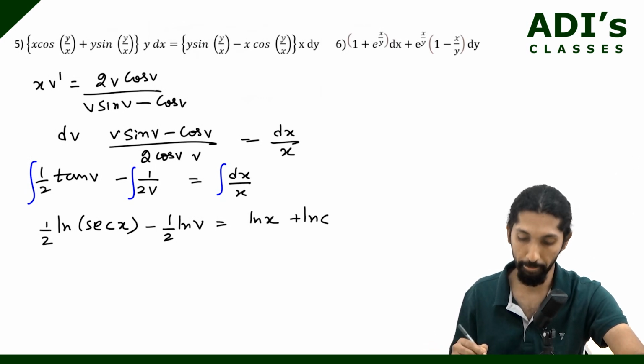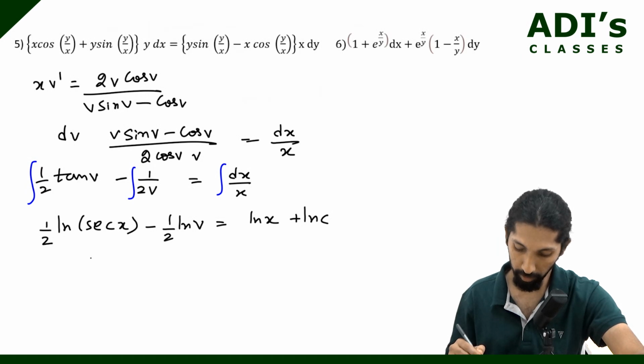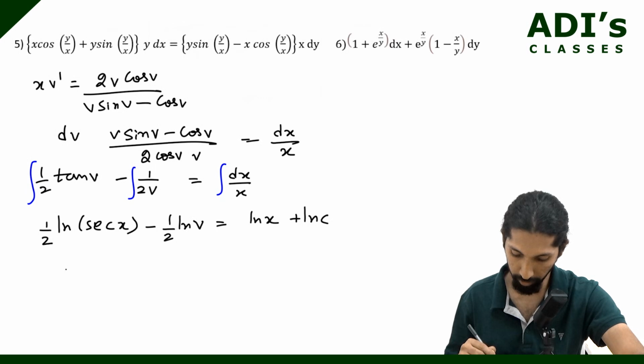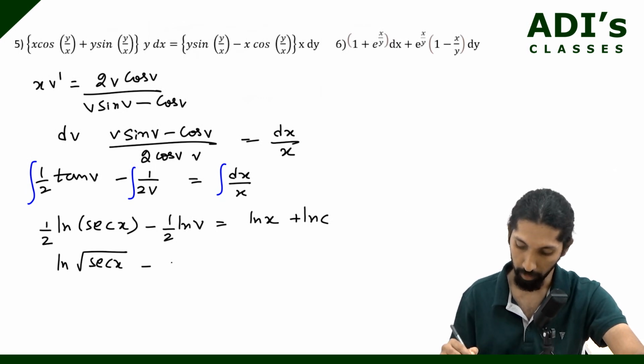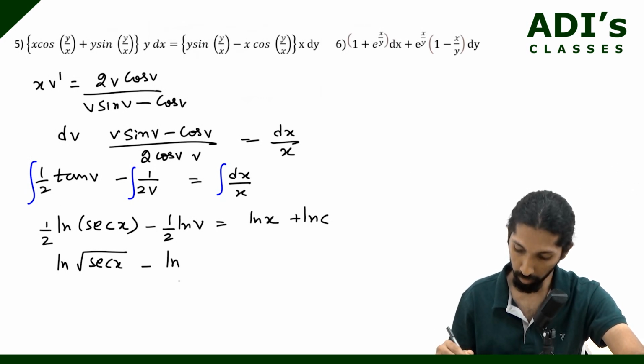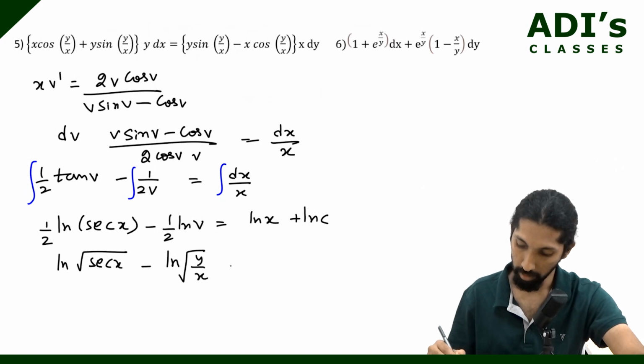Right, so this can become, you can call it as root of secant x. So here you will going to have log of root of secant x minus log of, what is v, y by x, root of y by x is equal to log of x into c.